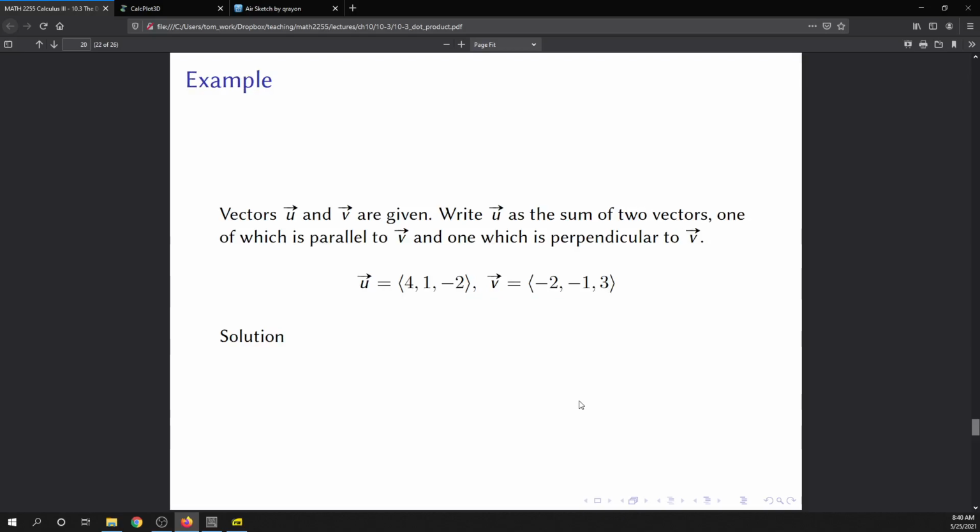All right, so here, as an example of finding this decomposition, it says two vectors u and v are given. Write u as a sum of two vectors, one which is parallel to v and the other which is perpendicular to v. Okay, so let me write these vectors down. u is 4, 1, -2, v is -2, -1, 3.